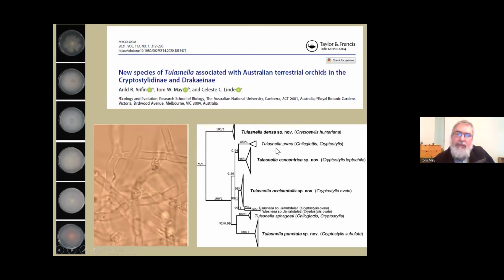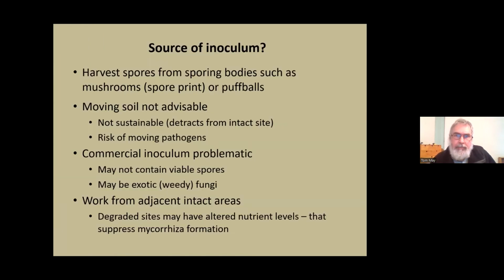And whereas in the past we might have just said fungus isolate 1 or fungus species 8 or whatever, here we have a number of named fungi that have particular relationships with different plants. So in doing the work on the different orchids, it's important to be selecting the right fungus and knowing how to identify that. And that is all quite possible now.